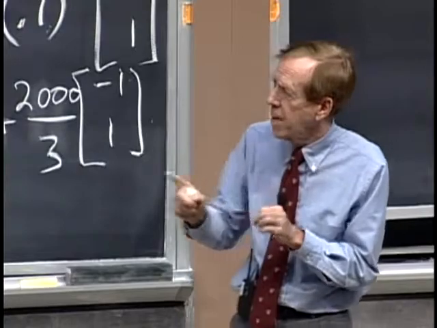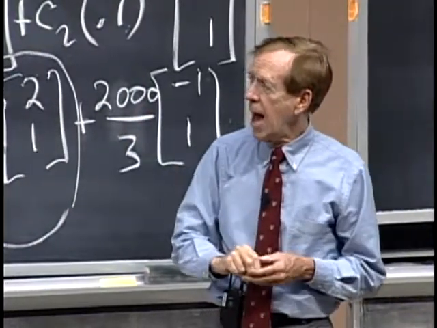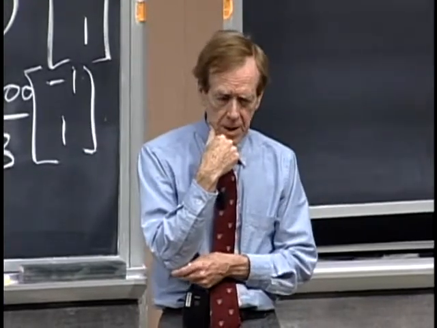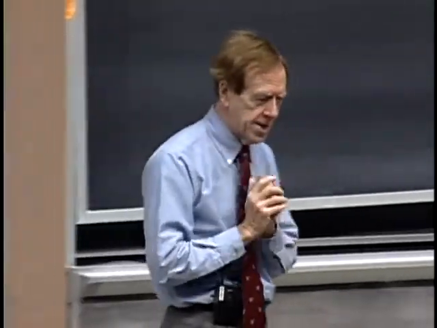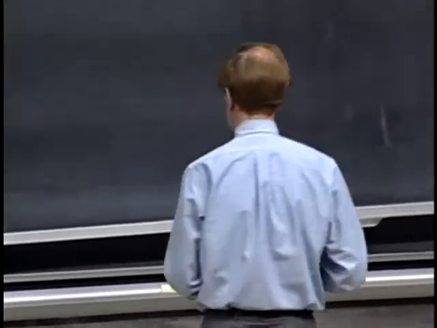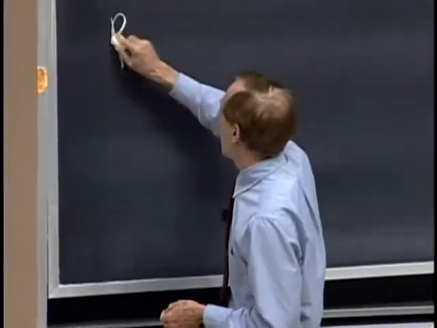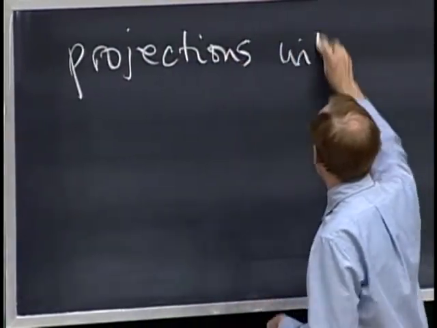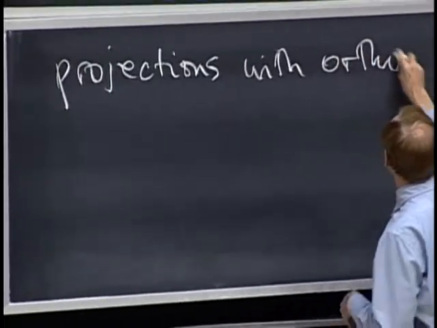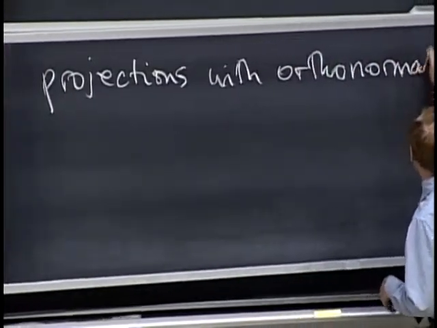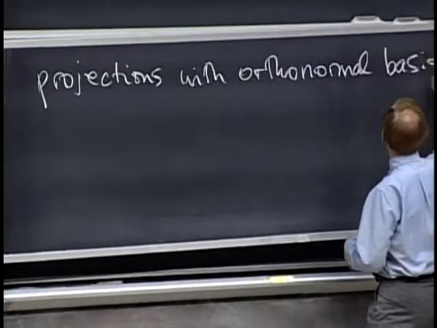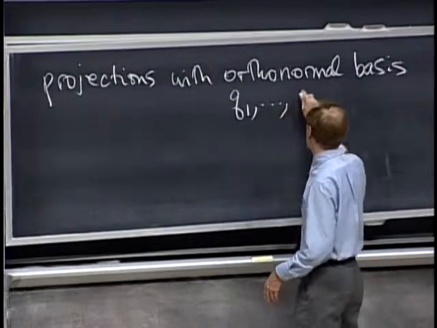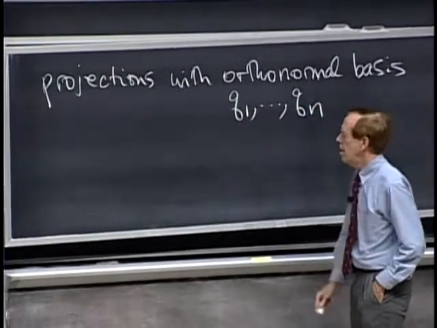Now I want to say something about projections and even leading in a little into Fourier series. But before any Fourier stuff, let me make a comment about projections onto an orthonormal basis. So, of course, the basis vectors are q1 up to qn. Okay.